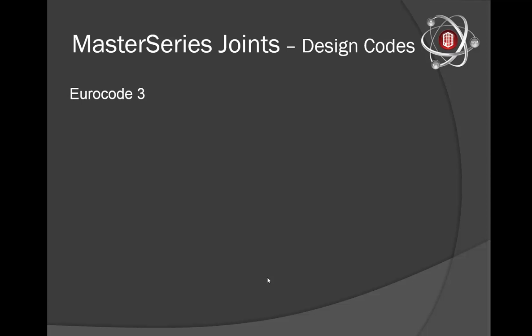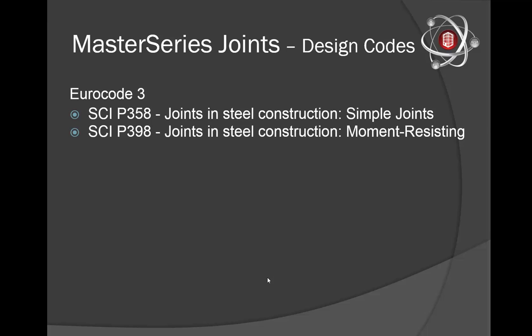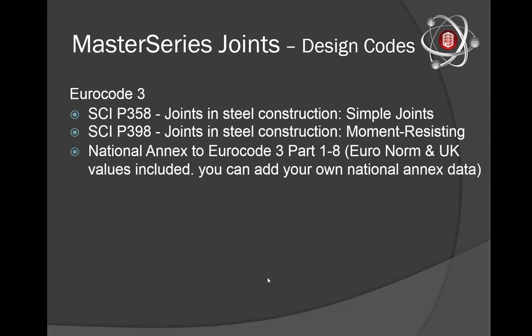Design codes. You get the Eurocode design as we described in the webinar invitation, and it will design to the SCI publications 358 and 398 for moment and simple connections. And we apply that to the national annex of the Eurocode. Built into the system is the Euro norm plus the UK values.